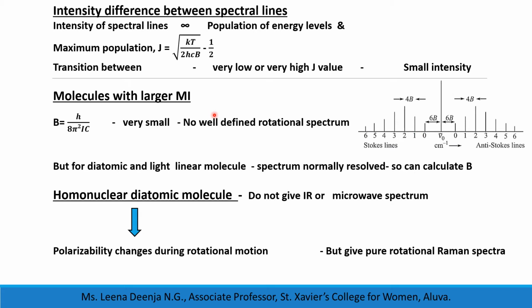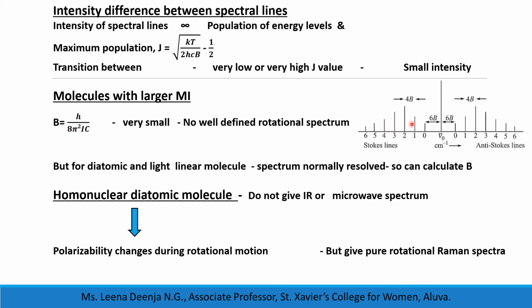Next, we consider why the rotational spectrum is not resolved for molecules with a larger moment of inertia. This is because we know that B equal to h divided by 8 pi square IC, where I is the moment of inertia. When I is greater, we can see that B will be very small.